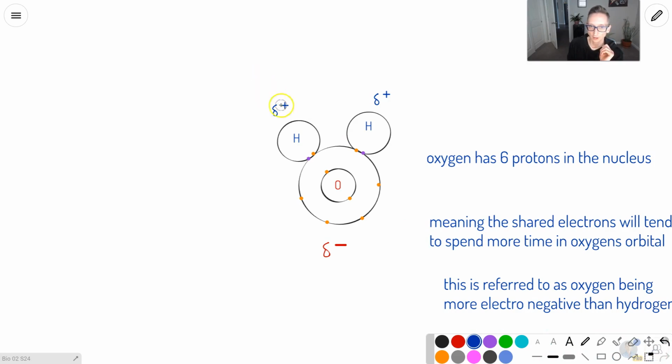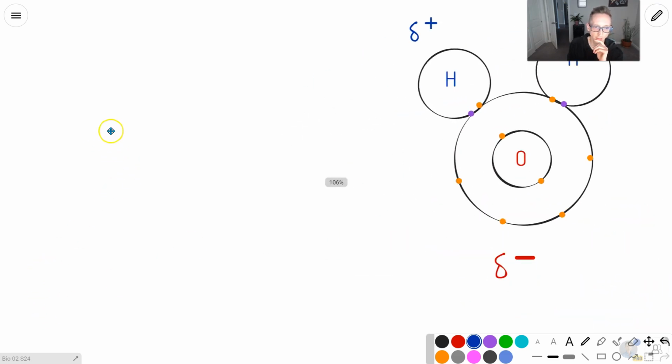All right, so if these are slightly positive and these are slightly negative, what does that mean if we have multiple water molecules sticking together or in the same vicinity? Let's just redraw some water molecules over here.